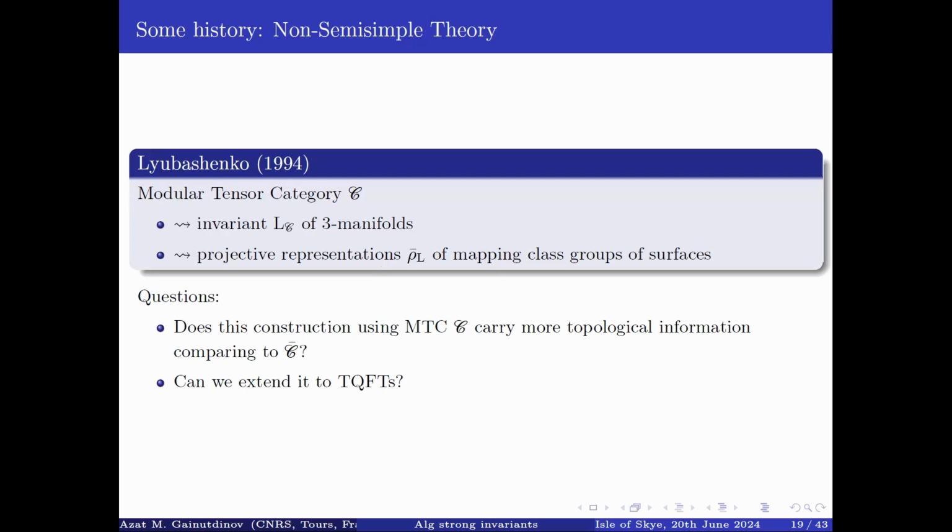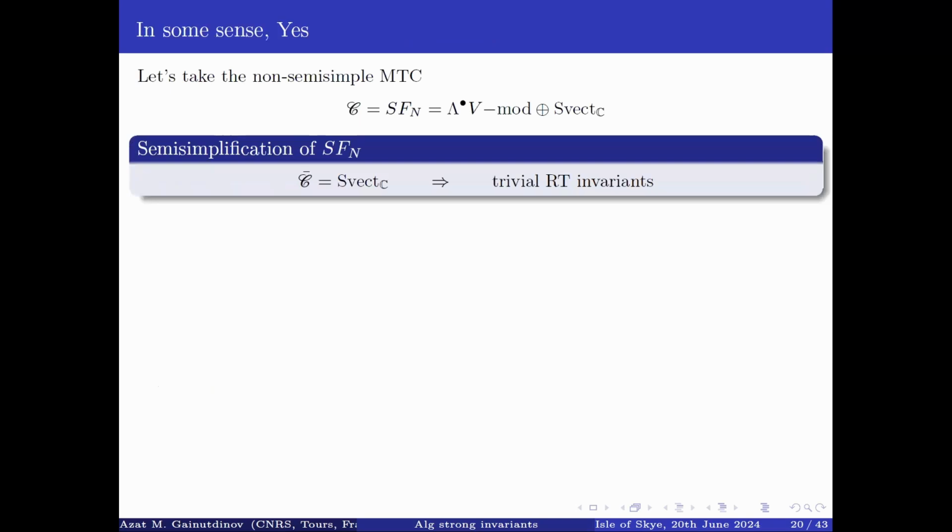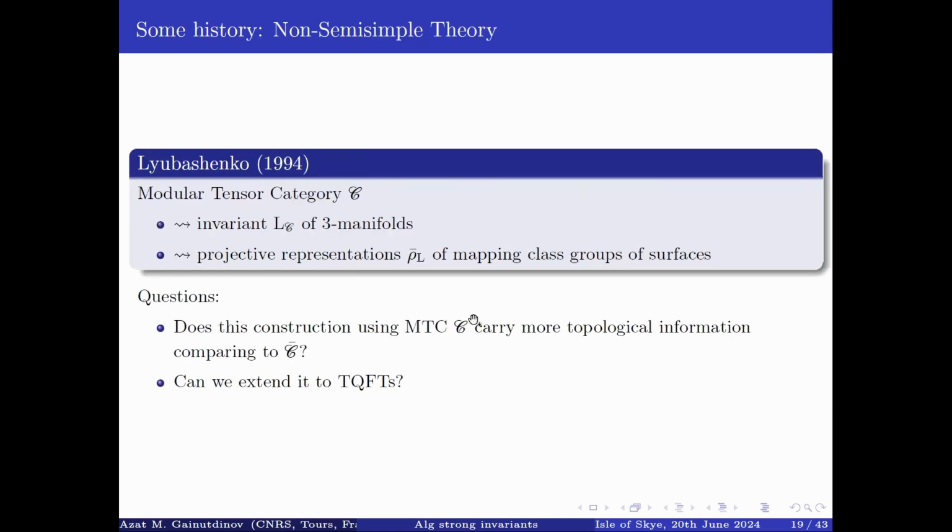And the natural question: does this construction carry more topological information compared to semi-simplification, and can it be extended to TQFTs? In some sense, yes. It actually contains non-trivial topological information compared to the semi-simplified version.